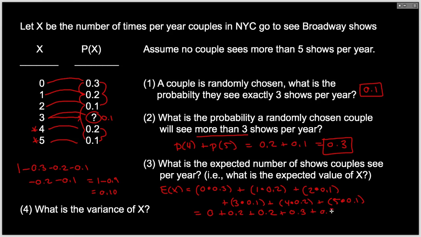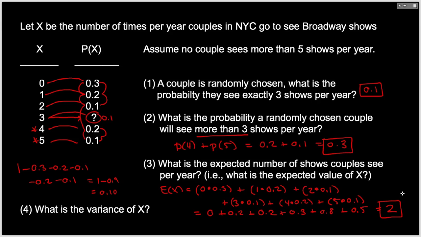So what does that add up to? 0.2 plus 0.2 is 0.4, plus 0.3 is 0.7, plus 0.8 is 1.5, plus 0.5 is 2. The expected value is 2. If you were to bet, like in Las Vegas, what would you pick as your best guess for the number of Broadway shows a randomly chosen couple would see in a year? You'd bet 2. You can also think of 2 as the average.